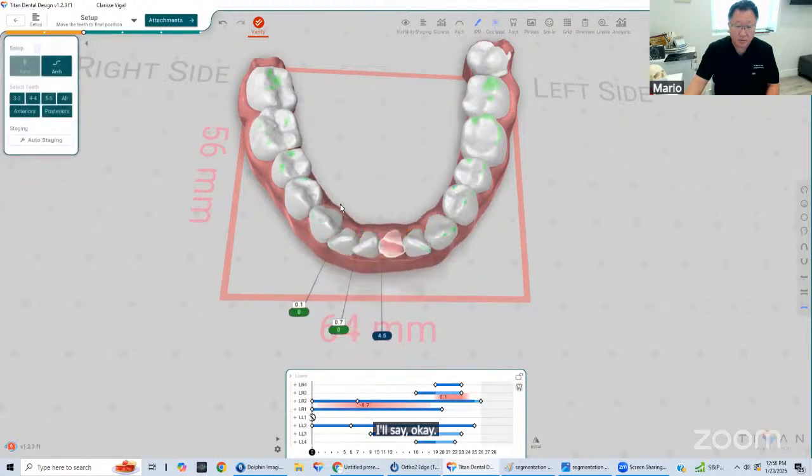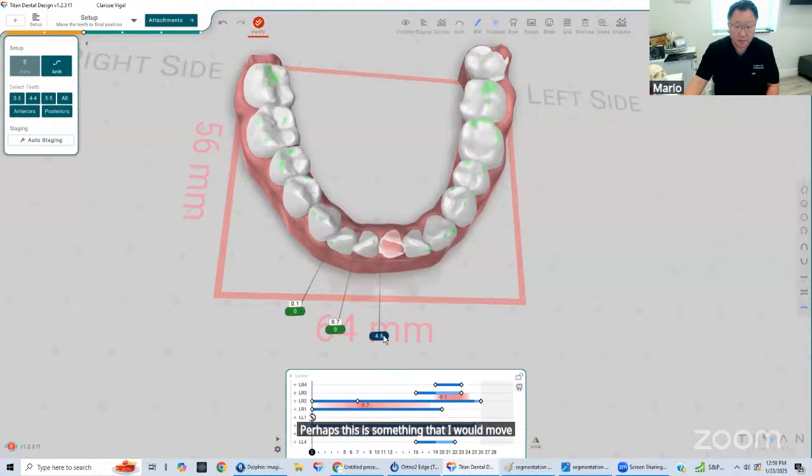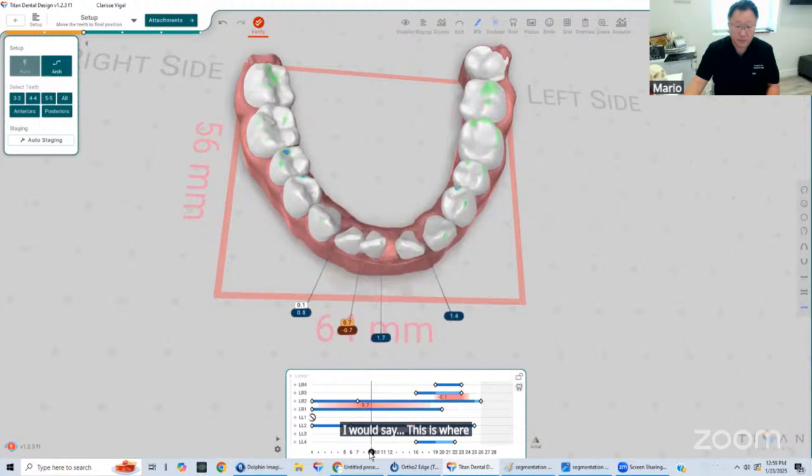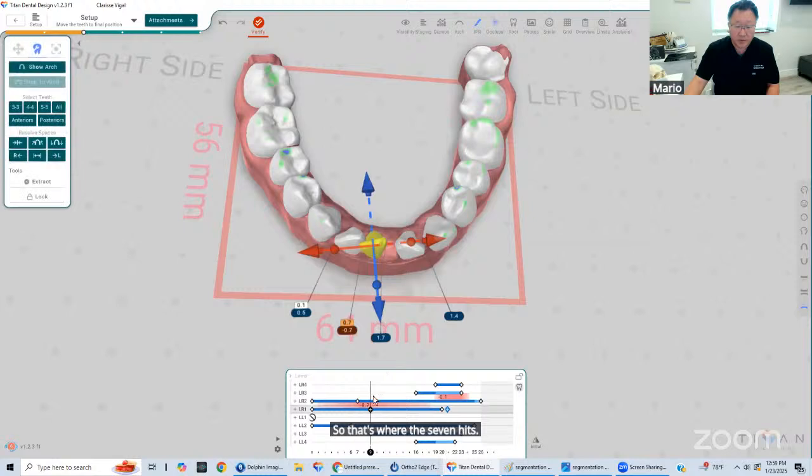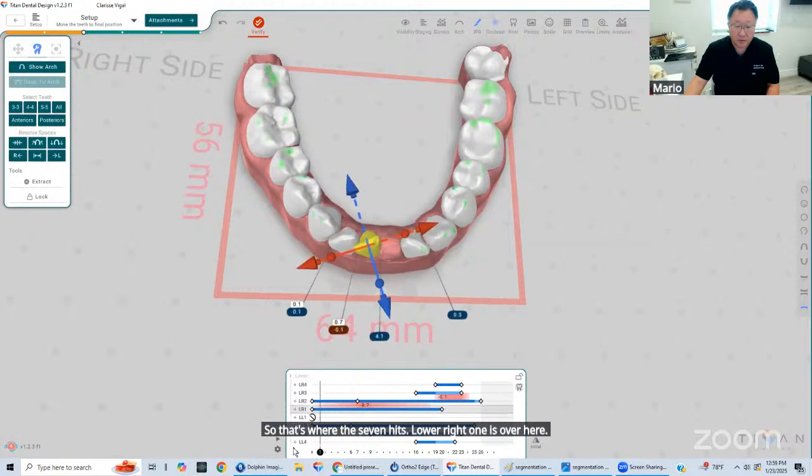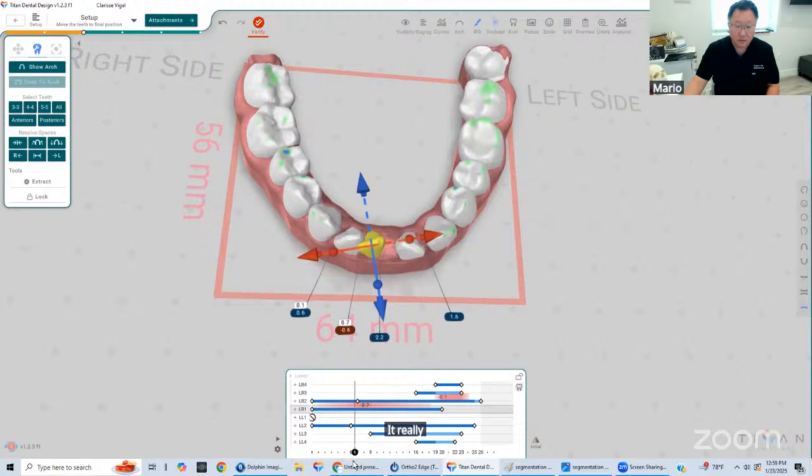So I would study it. I would say, this is where the 7 hits. Lower right one is over here. It really started rotating. Perhaps that's not what we want. I don't want it to rotate.